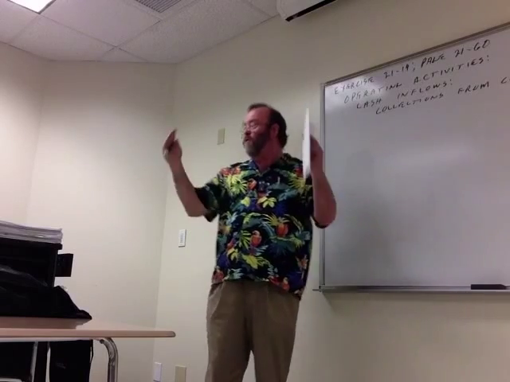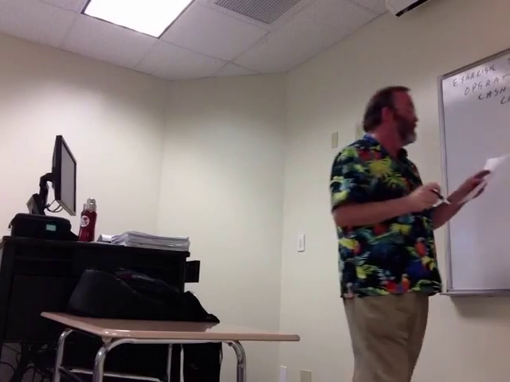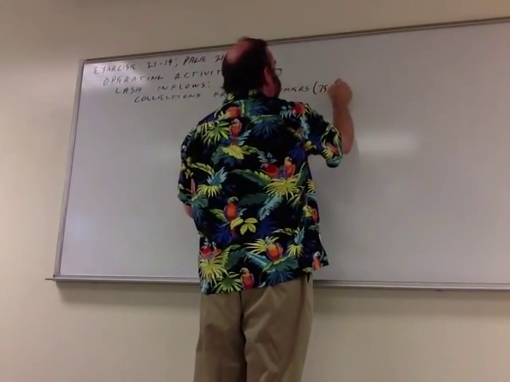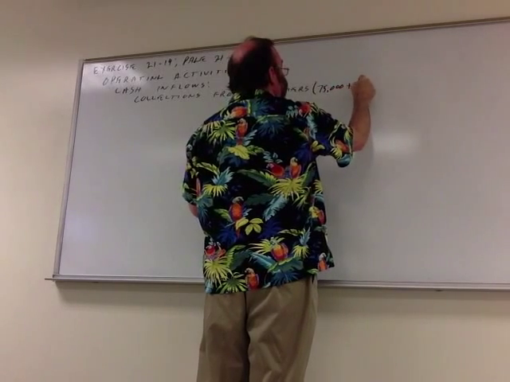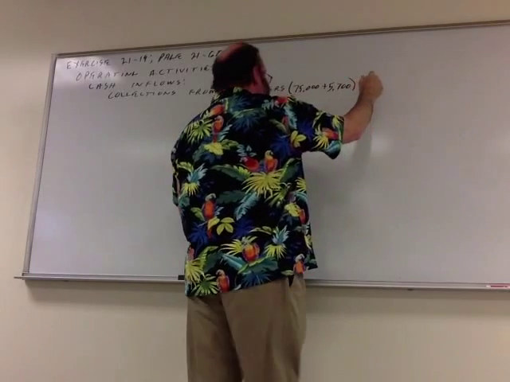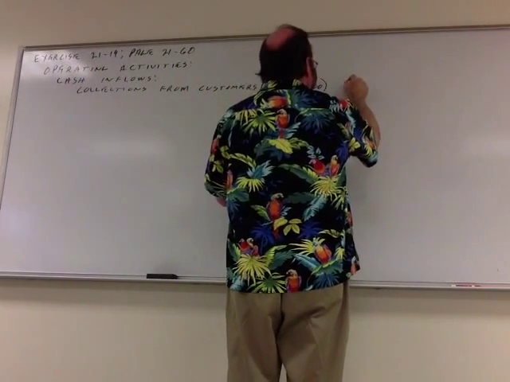It went down. So if accounts receivable decreased by $5,700, what did that do to cash? Cash goes up. So you're going to take the $75,000 and you're going to add the $5,700 for a total of $80,700.